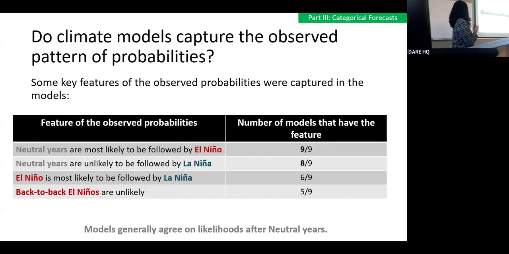These are the headline results from that. 9 out of 9 models actually had this feature that neutral years are most likely to be followed by El Niño. Most models agreed on what happens after neutral years. What happens after El Niños, there was a majority, but a smaller majority agreeing. So some of these characteristics actually are being captured correctly by climate models.